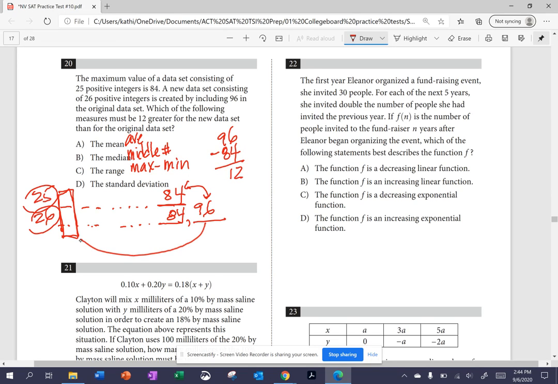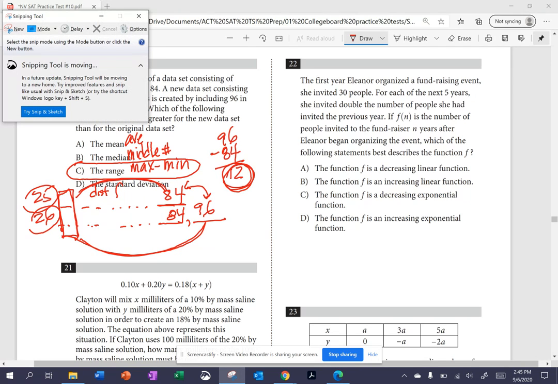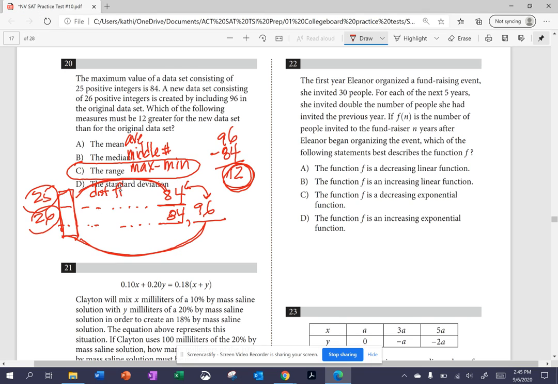So this difference and this difference, there's going to be a difference of 12 more for the second set. So this is about my range. The standard deviation, again, is the distance from the mean, and that won't be a difference of 12.